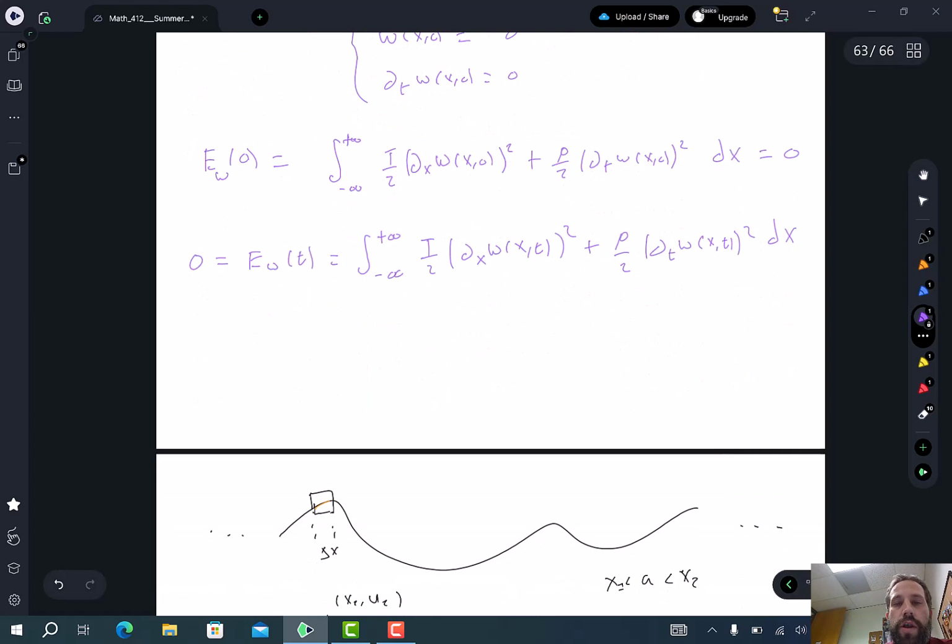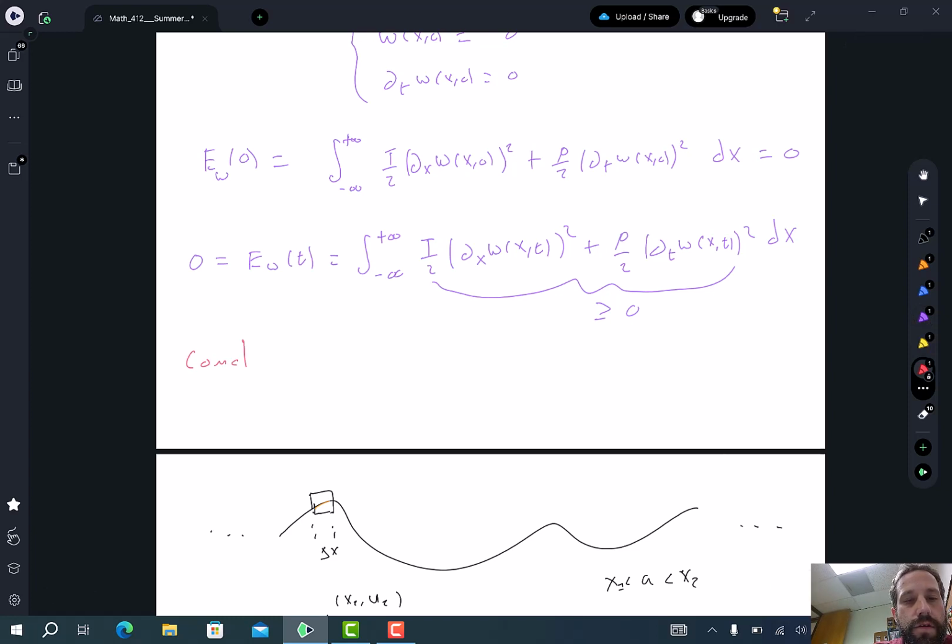Notice that this integrand is greater than or equal to 0 because we're squaring it and because T and rho are positive. So the conclusion is that the integrand itself must be identically equal to 0. If you're integrating a non-negative function and the integral is equal to 0, then that function has to be equal to 0.